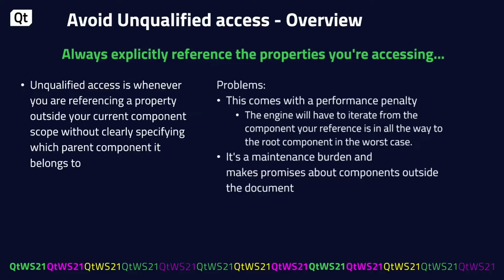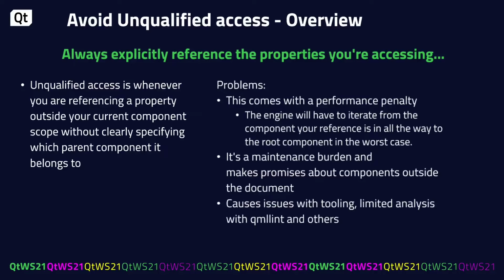It's also a maintenance burden and makes promises about components outside the documents which cannot be kept. We'll see some examples of that too. And it causes issues with tooling, like limited analysis with qmllint, which we'll talk about a bit later. And it will not compile using the new QML compiler. So that might also be a reason why you want to avoid it.